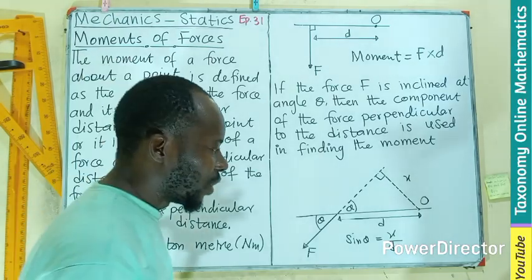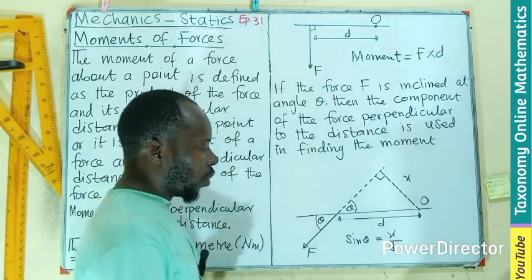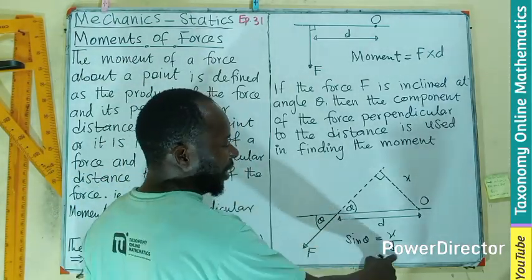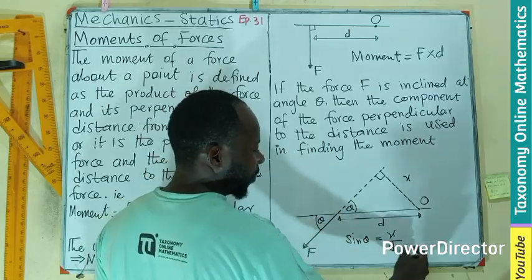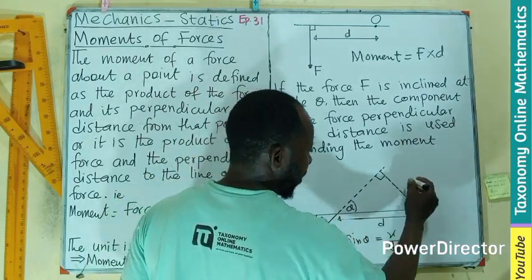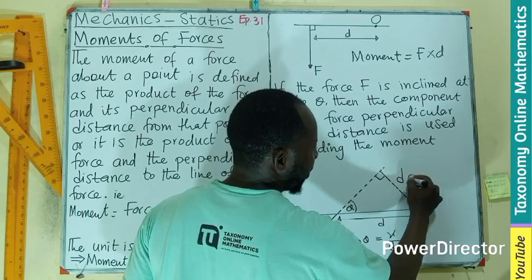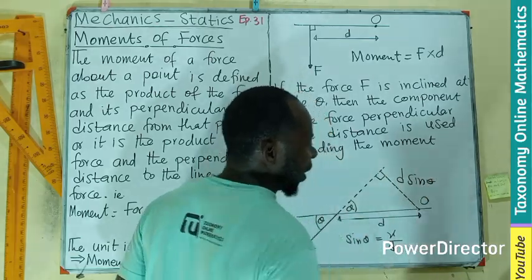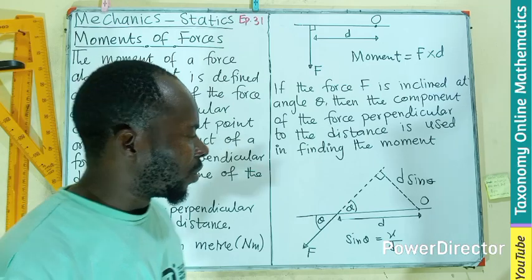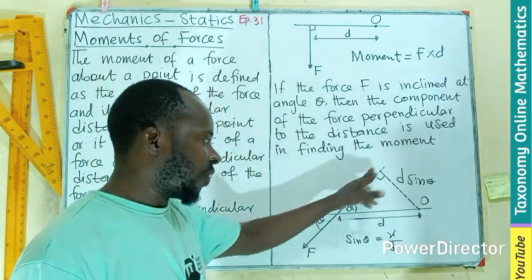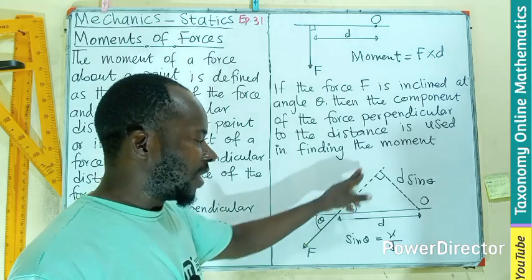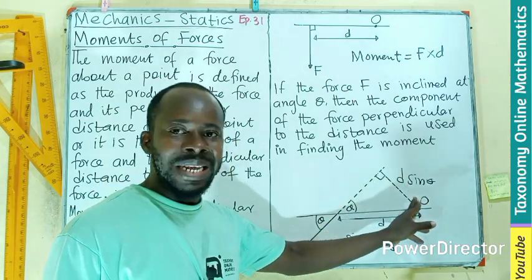We are looking for x, so we multiply both sides by d. The d will cancel here, so x will just be d times sine theta. So this length will be d sine theta. We are not looking for this; this is the force we are looking for. So now the force is perpendicular to this distance.